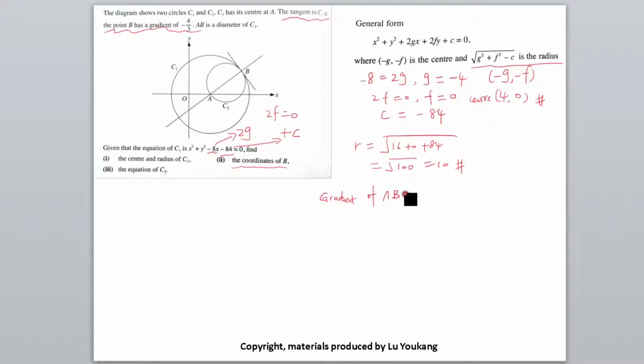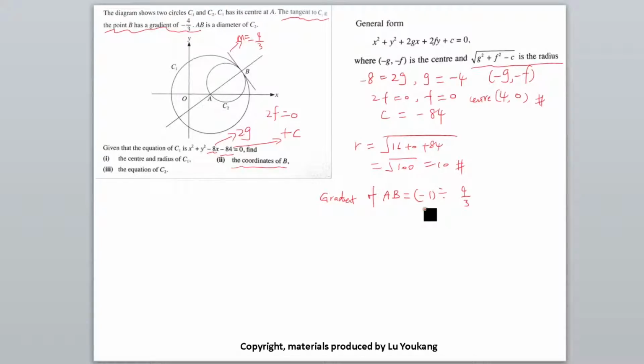So with this gradient, we know that the gradient of AB is negative 1 divided by this minus 4 over 3, because the tangent has a gradient of minus 4 over 3, which is m equals minus 4 over 3, and AB is perpendicular to this tangent.